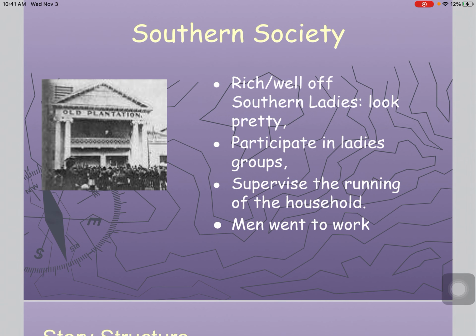Another thing with Southern society, as we'll see as you get into the novel a little bit more, especially when we meet Jem and Scout's aunt, is that if you were rich or well off, women didn't work. Their jobs were looking pretty, participating in ladies groups and teas, supervising the household, and that was kind of the goal, and that's kind of what Scout's aunt wants for her. But we'll learn as we meet Scout, our main character, that that is not what she wants.